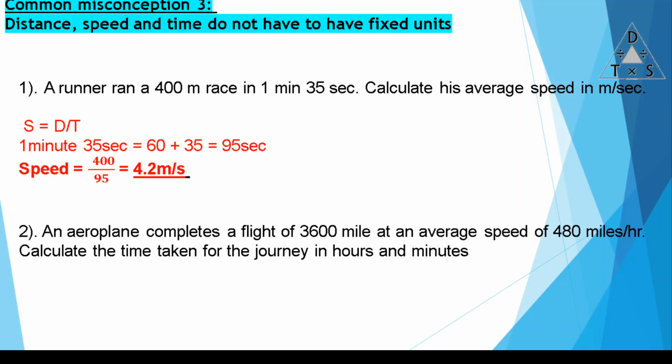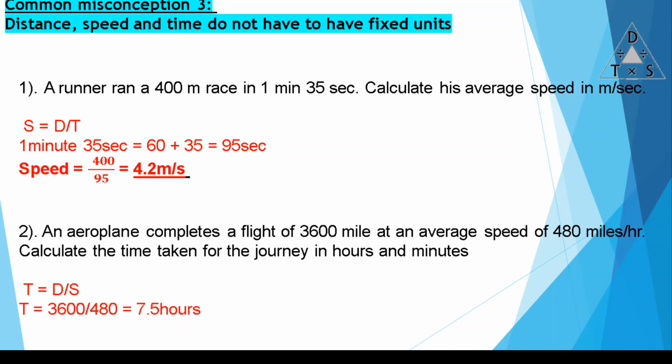Question number 2. You've got 3,600 miles at an average speed of 480 miles per hour. In this case, we know the distance and we need to calculate the time. Time is distance divided by speed, which gives you 3,600 divided by 480, which is 7.5 hours.